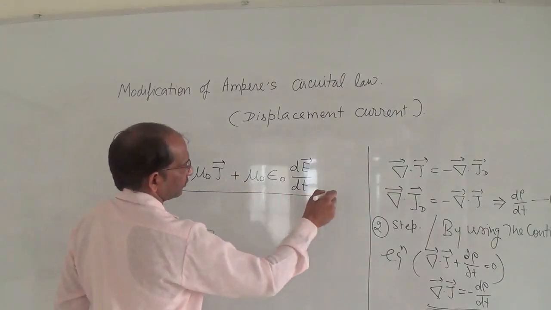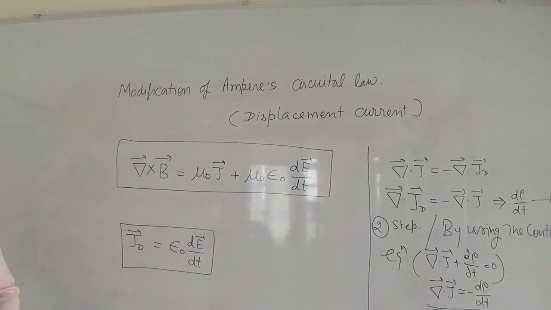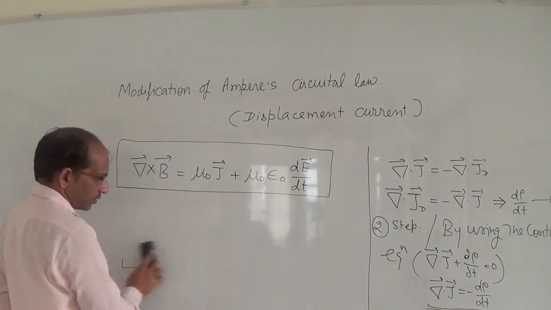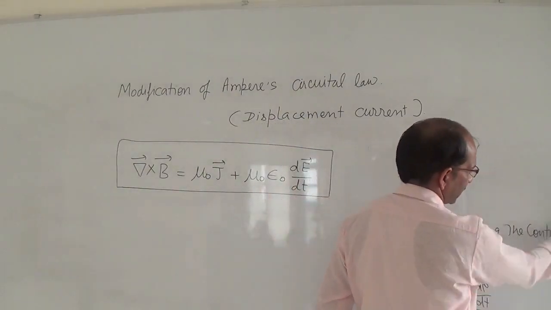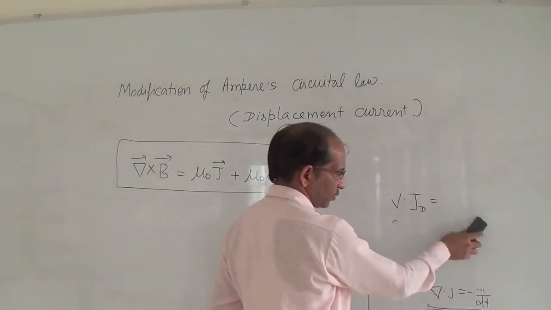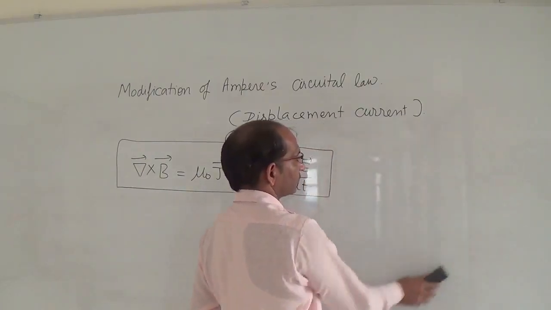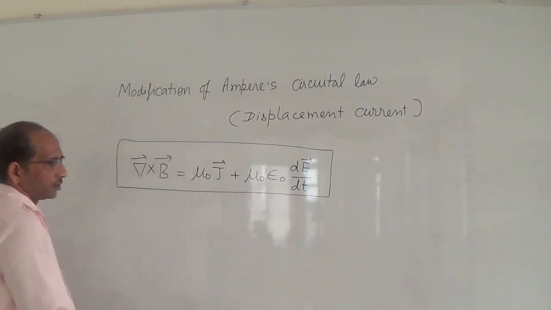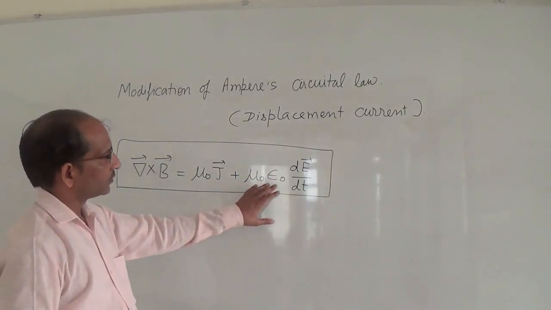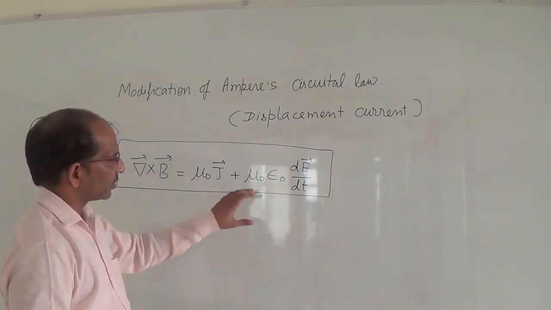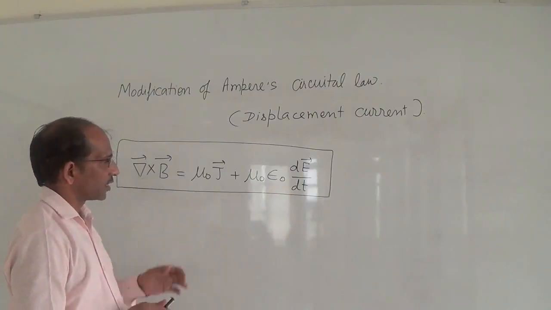So now the modified Ampere's law can be written in this form. In general, we use this Ampere's law to find the magnetic field at any point because of the current by using the closed loop. So here this is the displacement current density contribution into the Ampere's law.